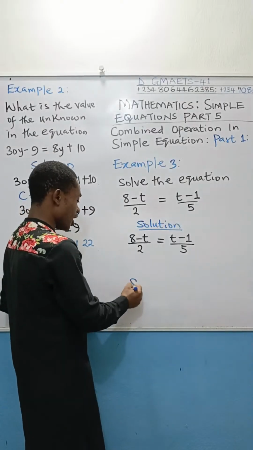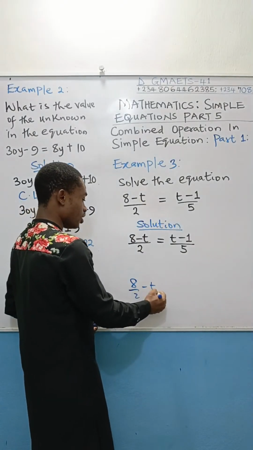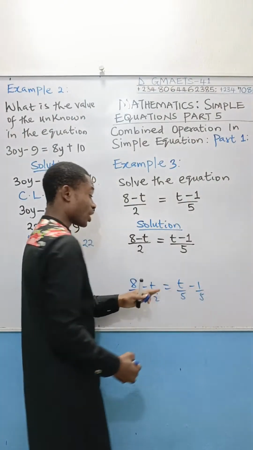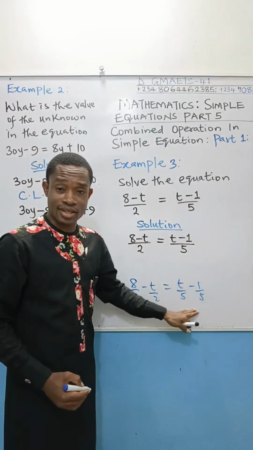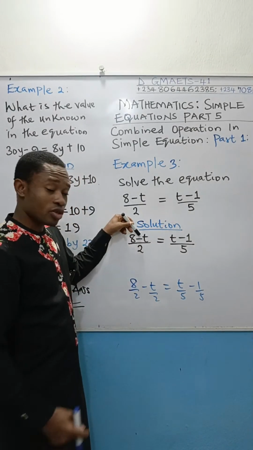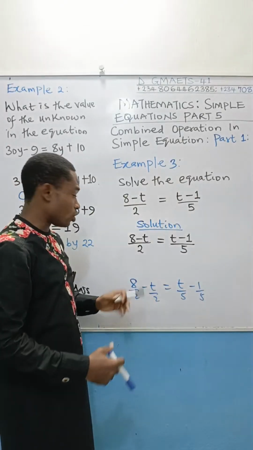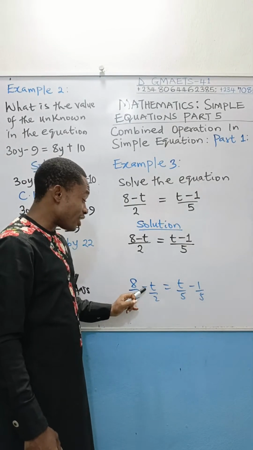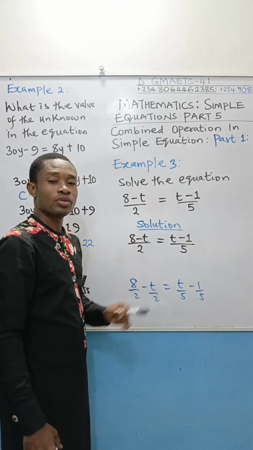If it was something like this, 8 over 2 minus t over 2 equal to t over 5 minus 1 over 5, because we can actually write this question as this. Look at this and this, they are the same thing. Because of this minus, you can split that numerator over the denominator. So it will now be 8 over 2 minus t over 2.